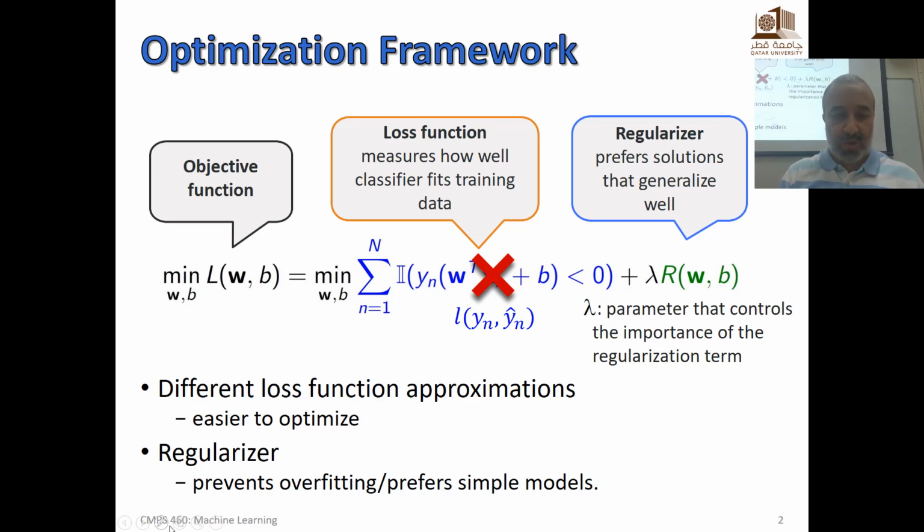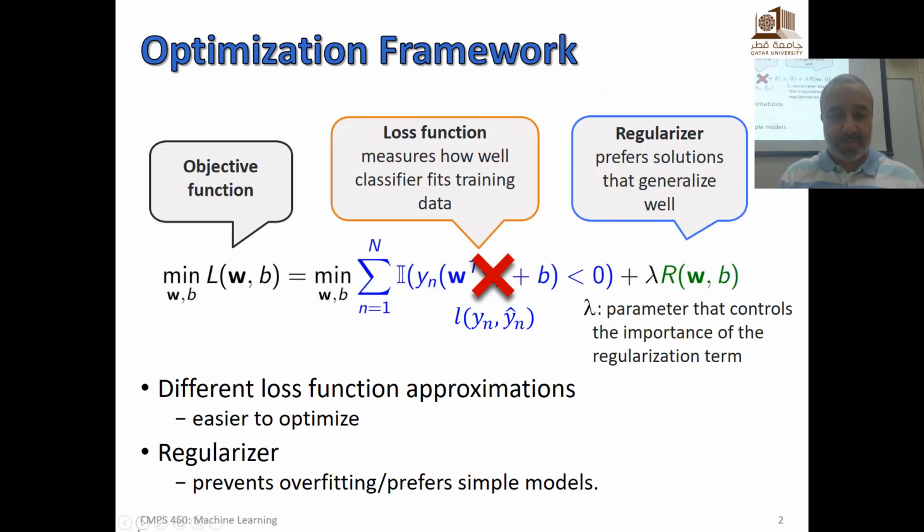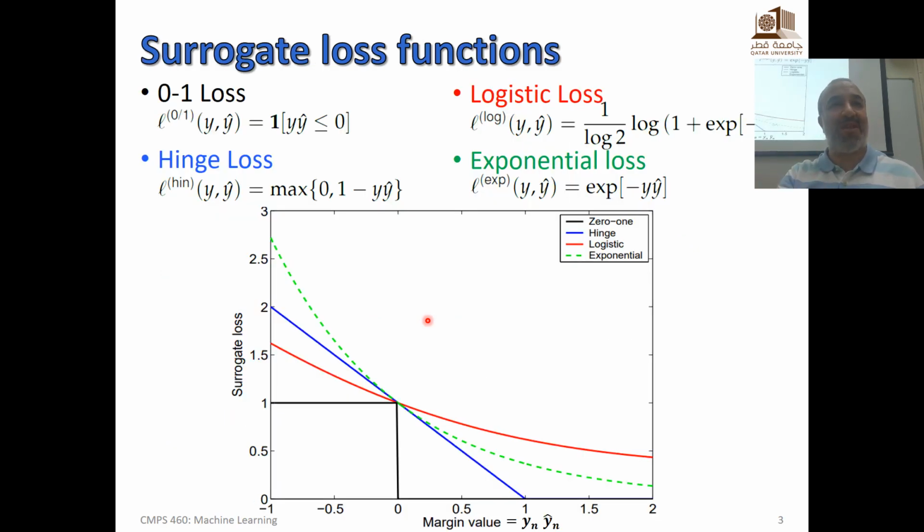Last time we talked about the loss part. The problem with the 0-1 loss that we had before was that it is not smooth, and thus it is hard to optimize. So we have to approximate it, and that was the whole lecture last time. I think we spent maybe 80% of the lecture on this slide.